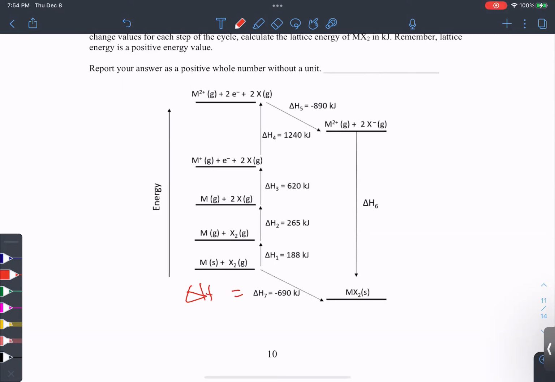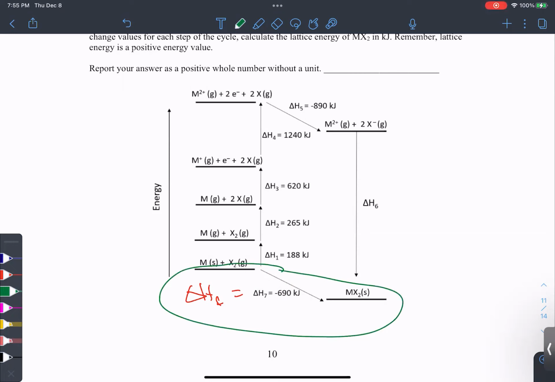It's like the base of this Born-Haber cycle, the very bottom, the downward arrow, that's your formation reaction. So I like to reference myself there because that's what I'm focusing on. But I'm just going to take a different route to get there. I'm going to take elements in their most stable state and make the salt, but take a different route.